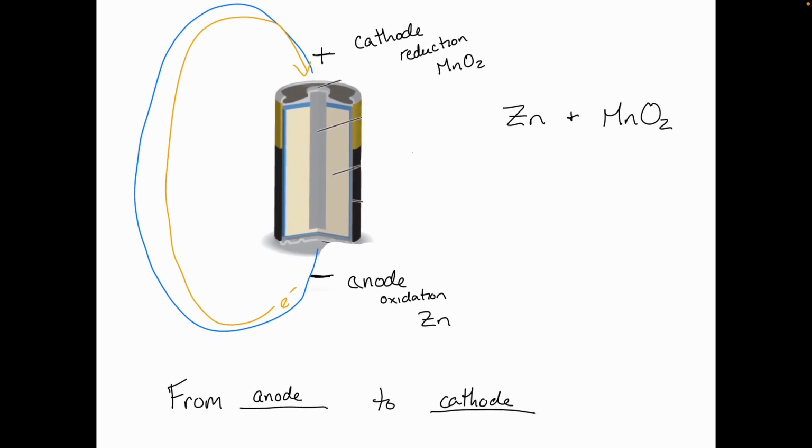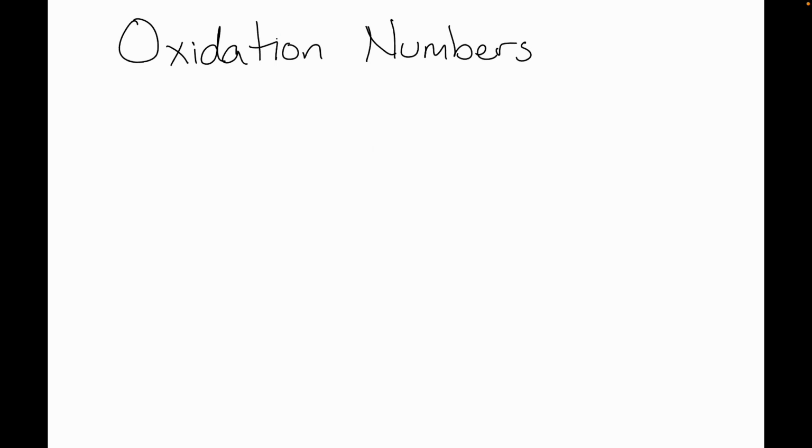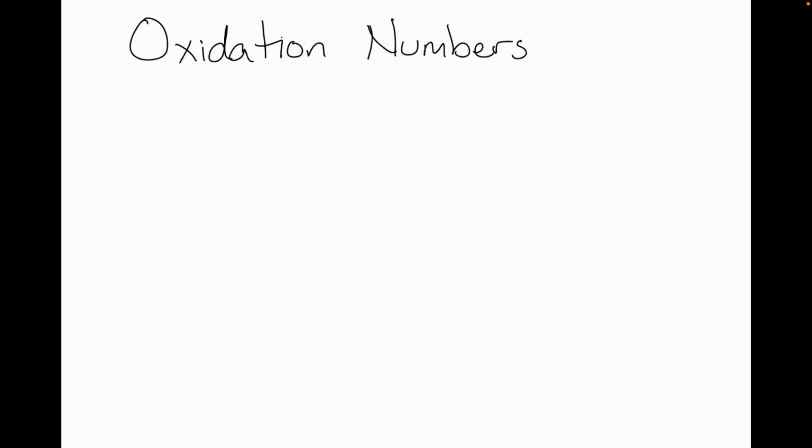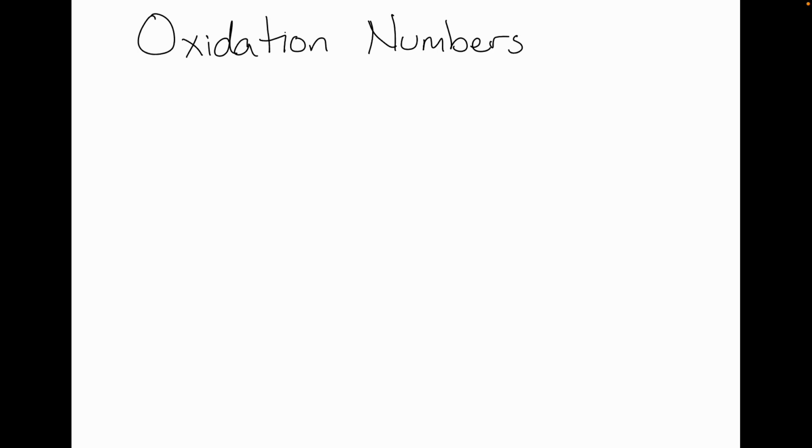All right, so let's take a look at these formulas real quick, because we talked about oxidation and reduction half reactions. Now we need to figure out which element is being oxidized and which element is being reduced in a particular reaction. And for that, we need to learn how to do oxidation numbers. All right, so I'm going to put down a few compounds.